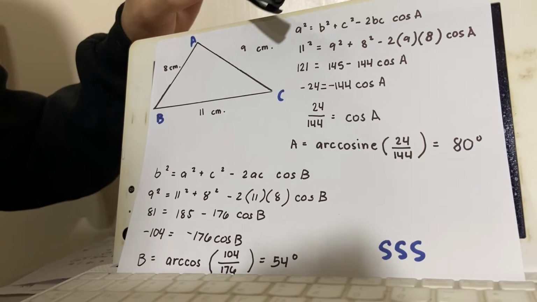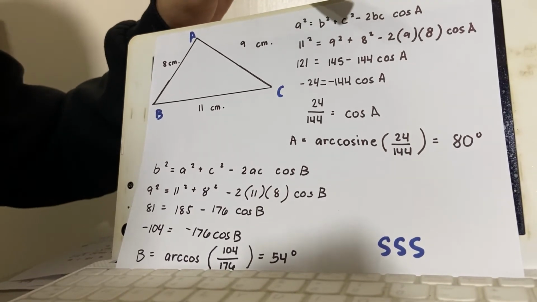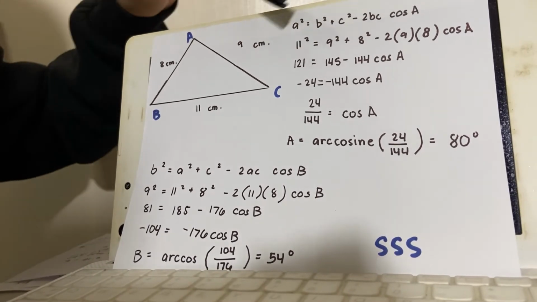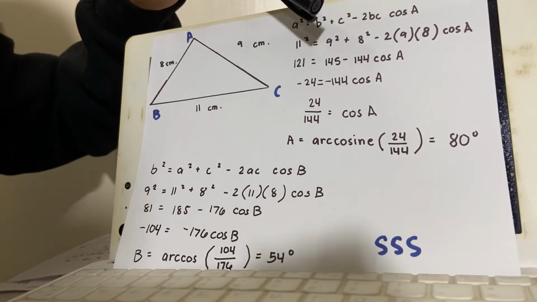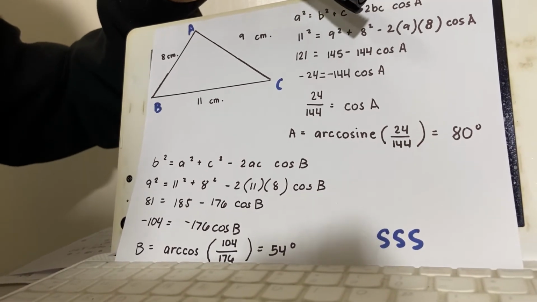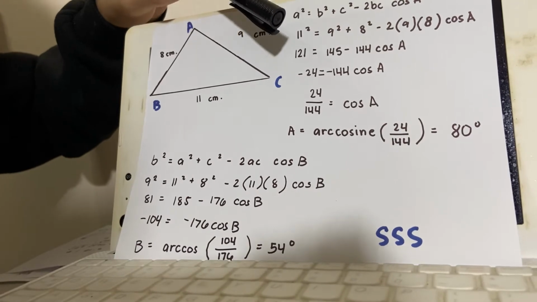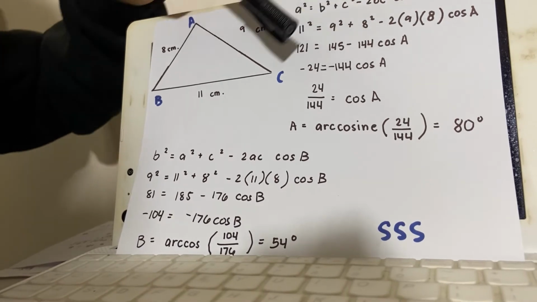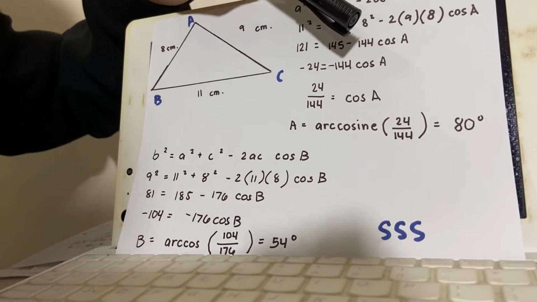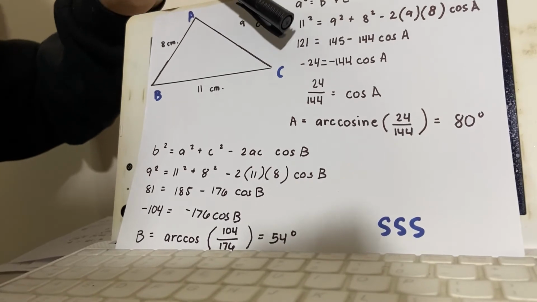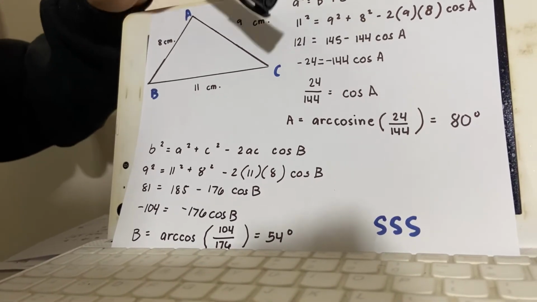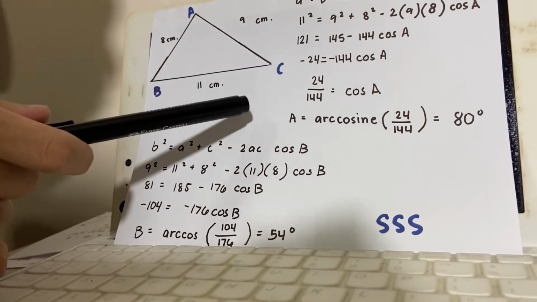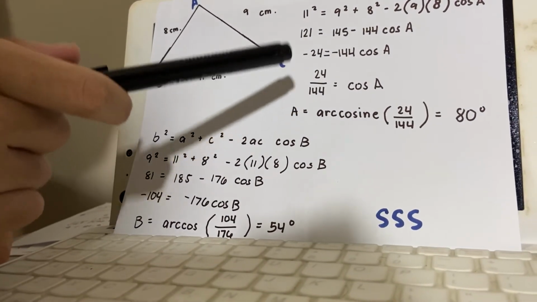So that's 11 squared equals 9 squared plus 8 squared minus 2 times 9 times 8 times the cosine of A. Once you're done computing this, it should be 121 equals 145 minus 144 cosine A. So again, when you're done computing, negative 24 equals negative 144 cosine A. You're going to manipulate the equation to get cosine alone. So that would be dividing each side by negative 144. Negative divided by negative is positive. So that would be 24 over 144 equals cosine A.